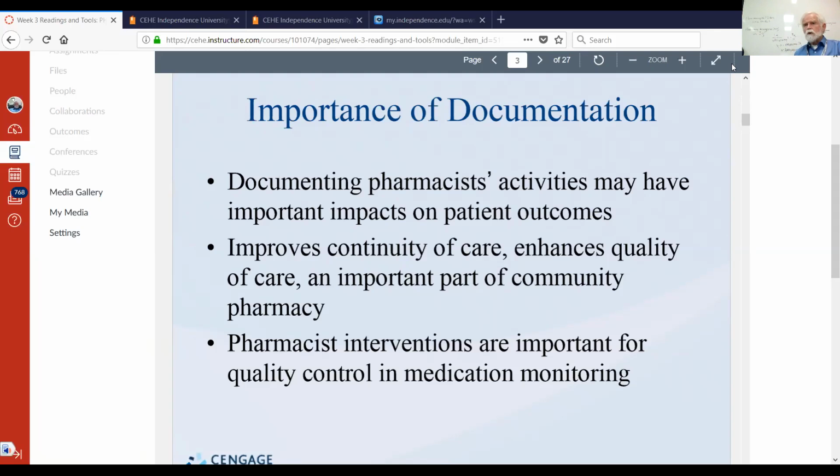So the issue is the documentation is critical to proper medical care.